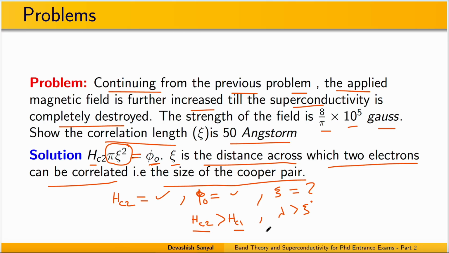This is for a type 2 superconductor. So this is the concept. As soon as the field lines start interfering with the Cooper pair, when this condition is satisfied, then there will be destruction of superconductivity. So this is the problem and this is the solution.